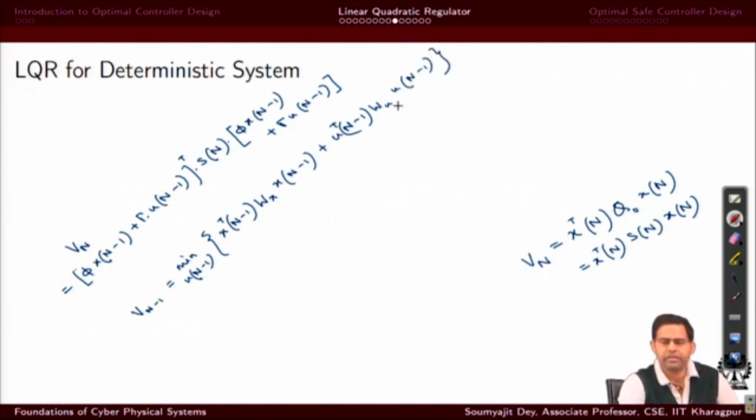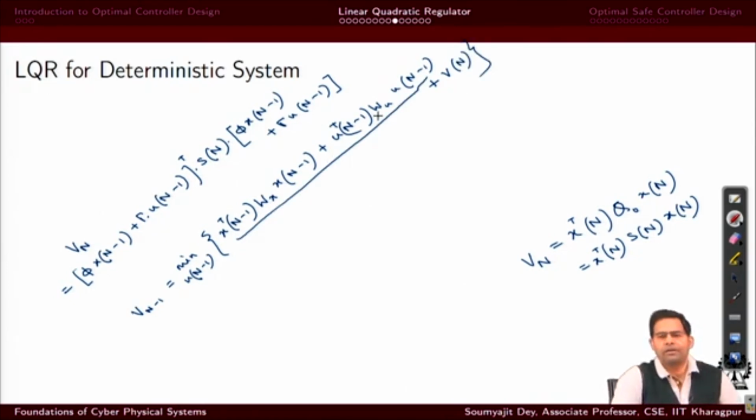So, this is the minimization, essentially we are just considering the last step, plus there should be V n, right. Of course, I need to have this inside the minimization, because V n is the last term. So, this is coming as the last term in the summation followed by V n, which is the last term. So, that is what you have, right.